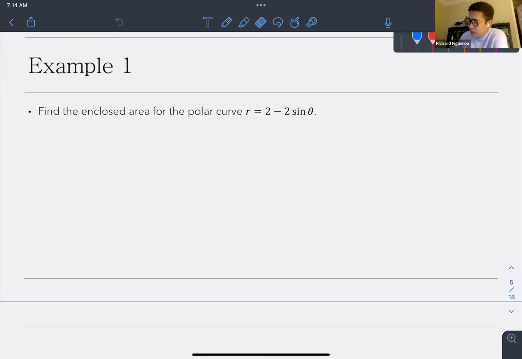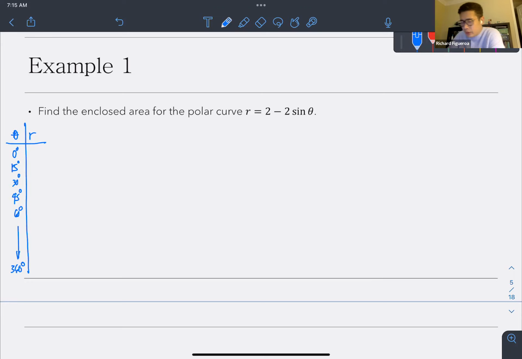We get the value of r for every value of theta. You can do that manually. Let's say we start with 0 degrees, and then an interval of 15 degrees: 30, 45, 60, up to 360 degrees.